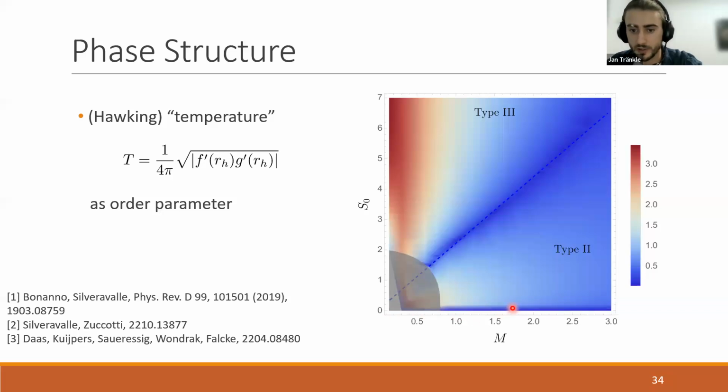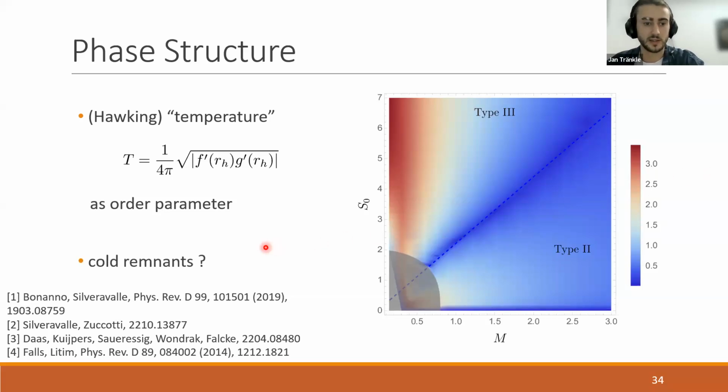By the dark blue color, you can see that if this is really the interpretation of a temperature for the new geometries, we would find that these type 2 and type 3 geometries actually have a larger temperature than in the Schwarzschild case. Then down here in the lower right corner, we have the type 2 solutions, and we have the transition line, denoted by this blue dashed line, where we go from type 2 to type 3 solutions. And then the type 3 sit up here for large values of S0.